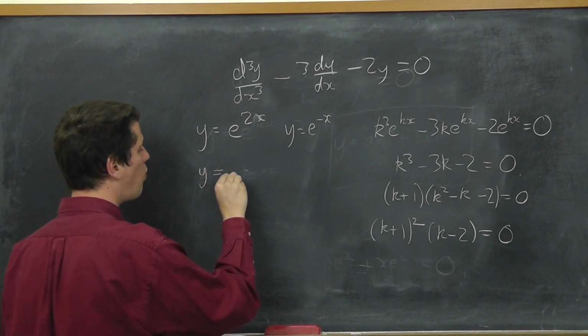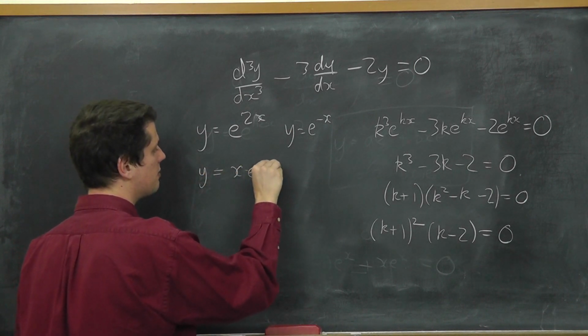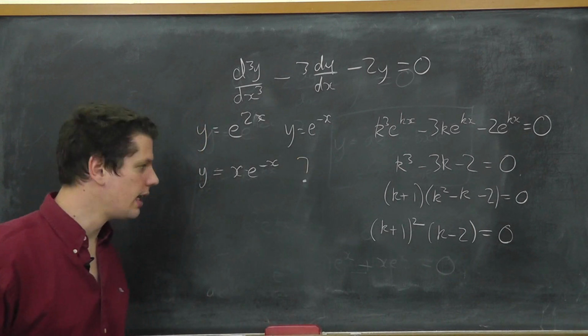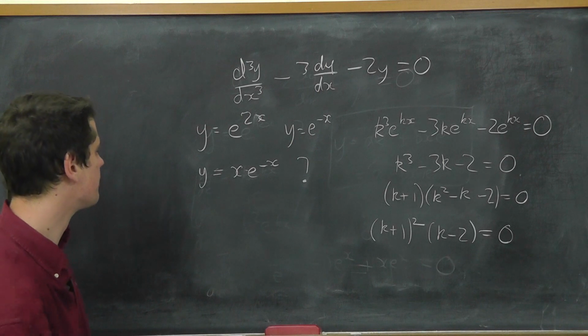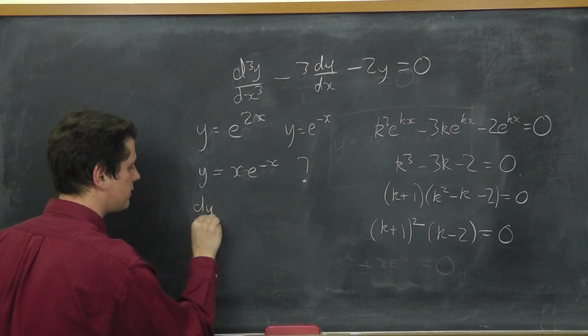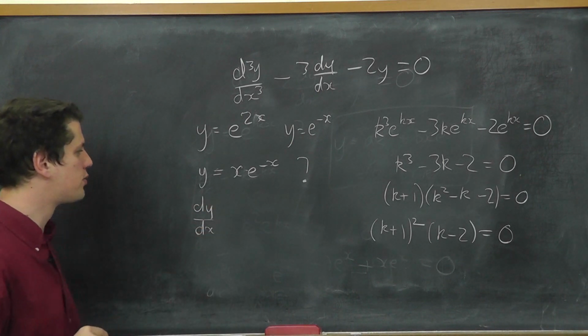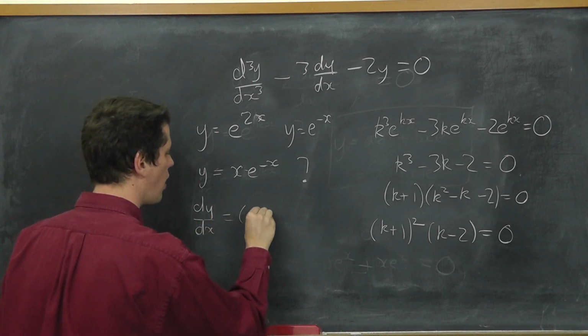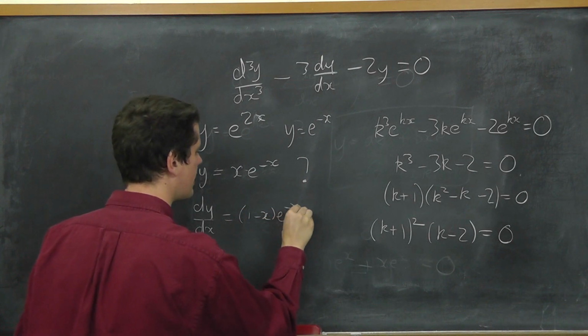If we try y equals x times e to the minus x, let's check that this is also a solution. So using the product rule, we find that dy by dx is now 1 minus x, times e to the minus x.